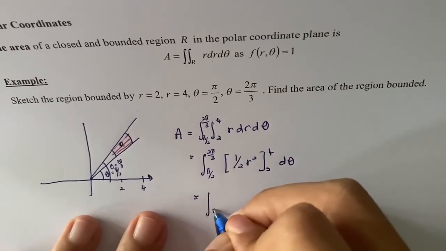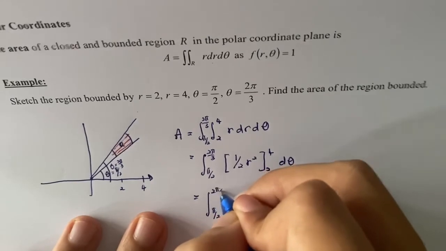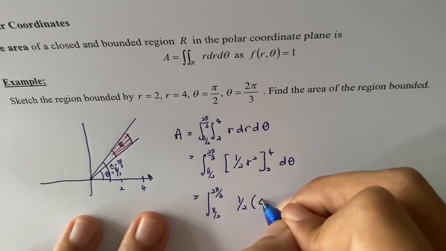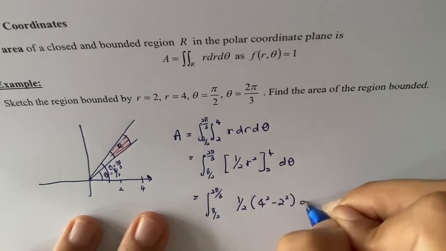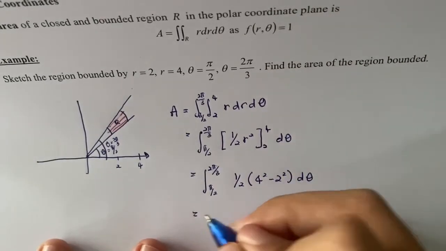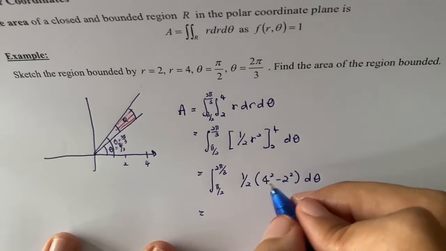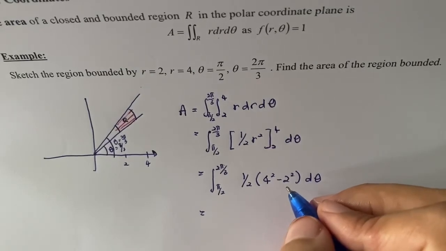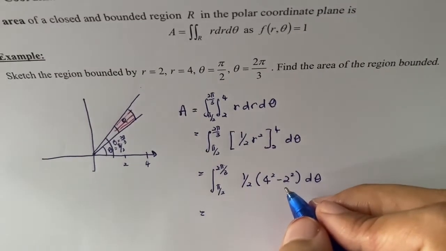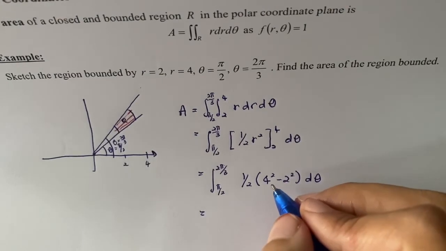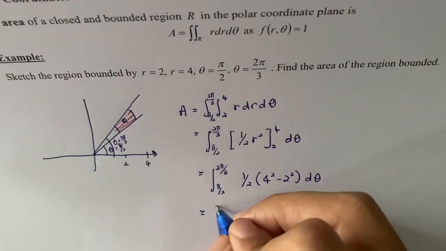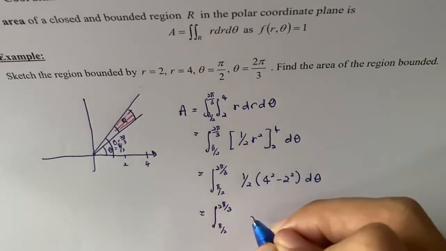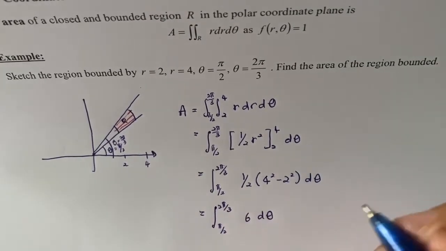From here, substitute the value for r. Limit, I have 1/2, 4 square minus 2 square, d theta. And this is equal to 4 square is 16 minus 4, 12 divided by 2. So I have pi/2 to 2 pi/3, 6 d theta.